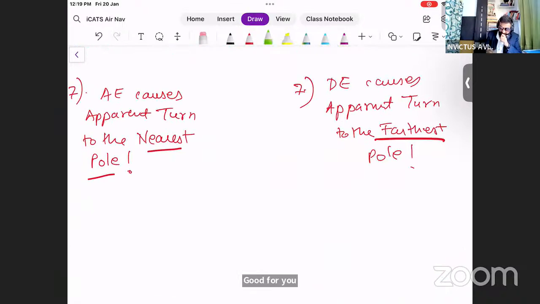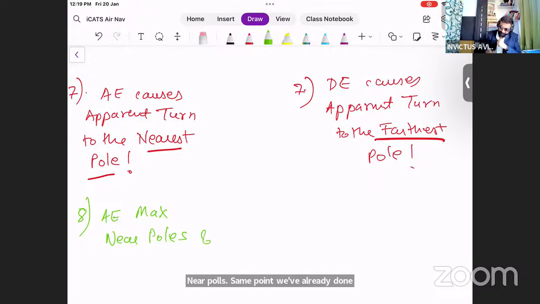Write down point number 8. Acceleration error maximum near poles, same point we have written earlier, and 0 at the magnetic equator.